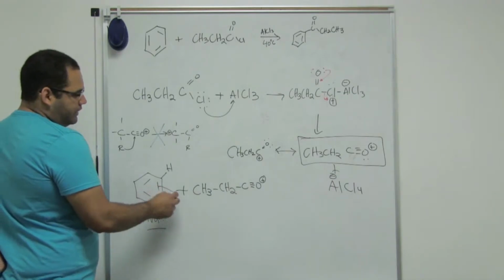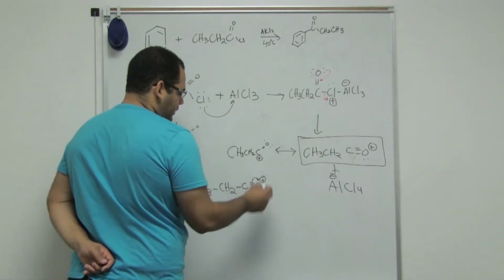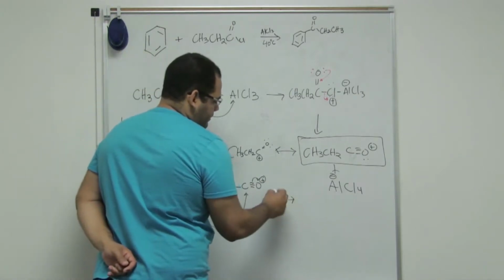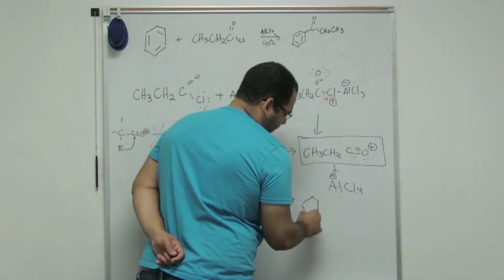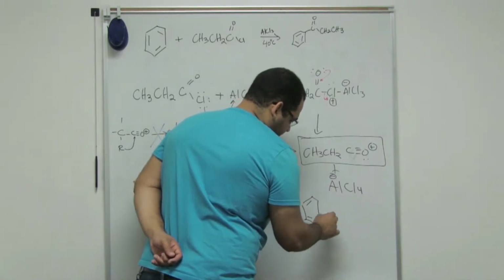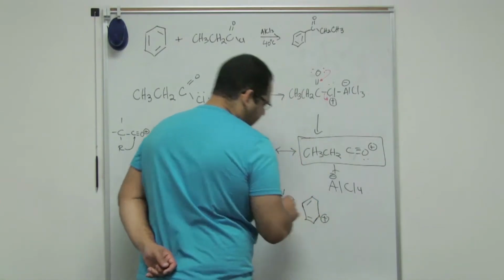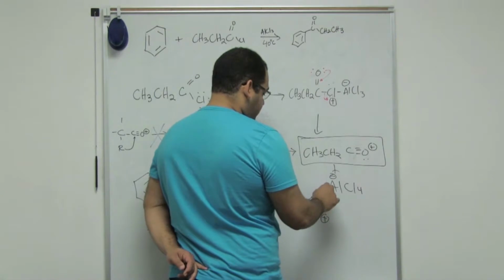And now we break the aromaticity. It's a slow step because it's the formation of a carbocation. This is an allylic carbocation, so it's more stable than the normal carbocations we were dealing with.